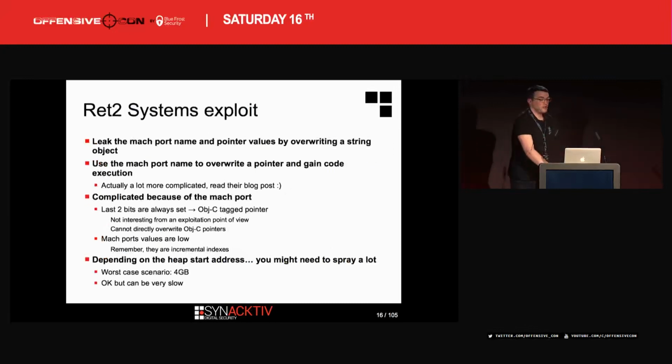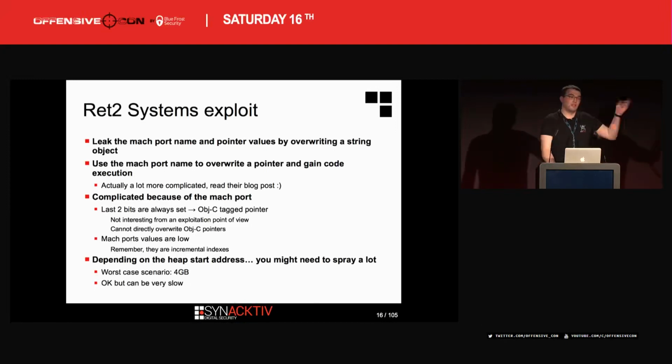So the Red 2 system exploits used the Mac port name to overwrite the heap pointer. And they used a lot of heap spray to make sure that the overwritten pointer points to valid memory. And well, they did a lot of complicated stuff. I invite you to read their blog post to understand it.